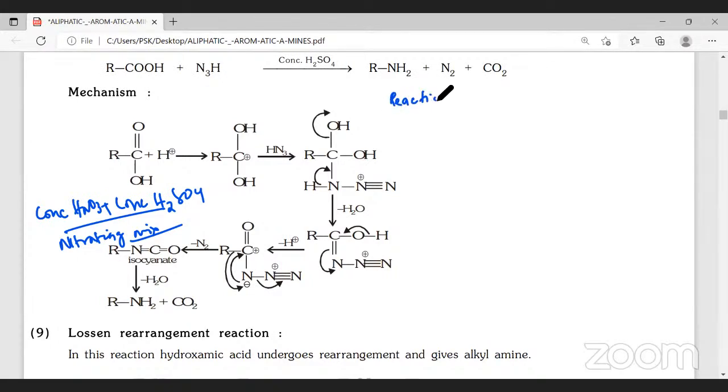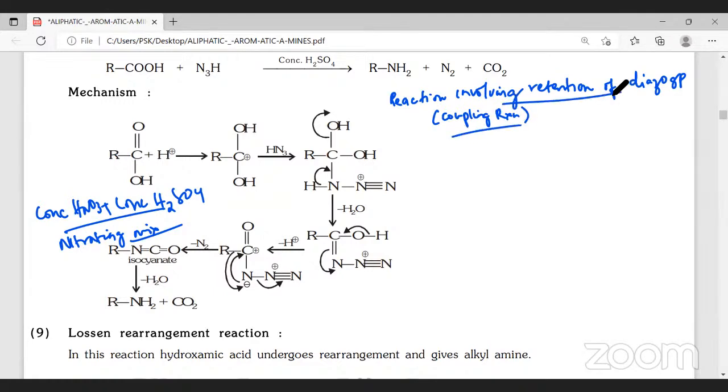Now, this is the coupling reaction. Reactions involving retention of the diazo group are called coupling reactions.